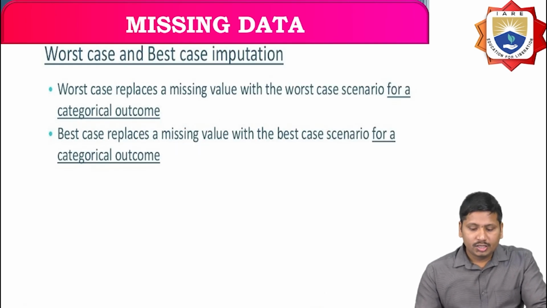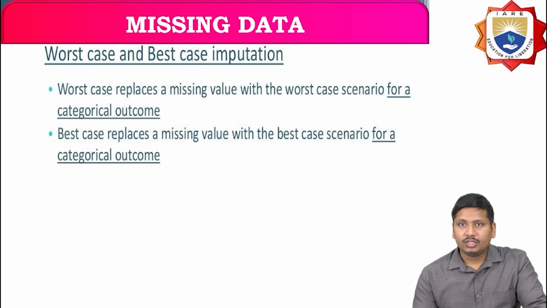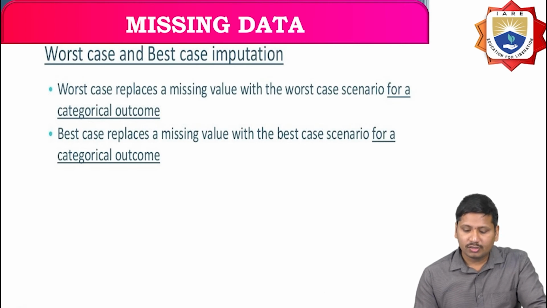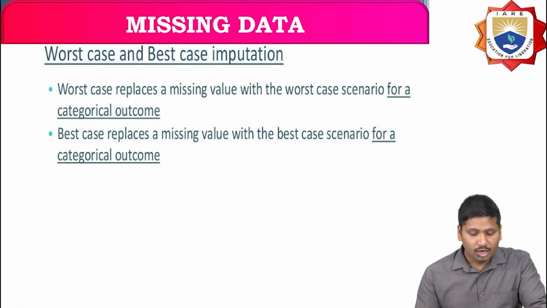And the next one is best case imputation and worst case imputation. What is that? How can I fill this missing data with these cases? The worst case value replaces the missing value with the worst case scenario for a categorical outcome. Similarly, the best case value replaces the missing value with the best case scenario for the categorical outcome.